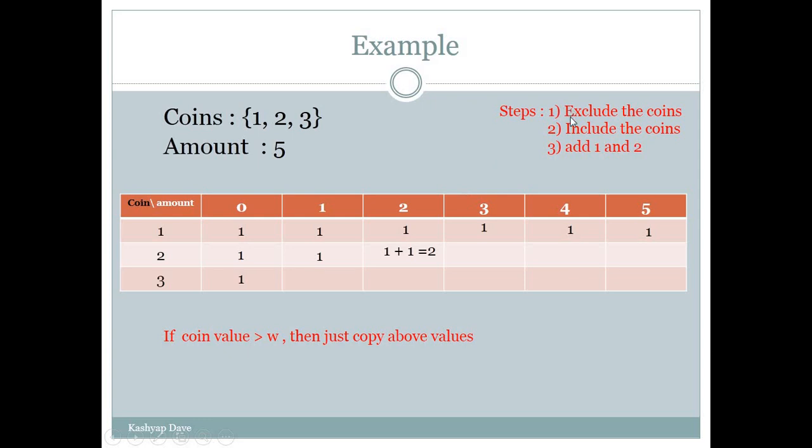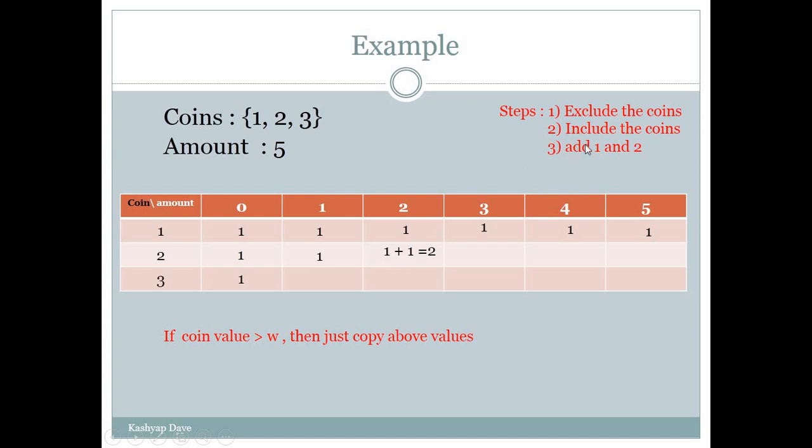So the first step, exclude the coin. In excluding the coin we will have value 1 only. Second says include the coin. So in include the coin we will deduct this coin from this amount, and after deducting, 2 minus 2, what do we have? 0. So in this row we will move to the 0 and we will have value 1.